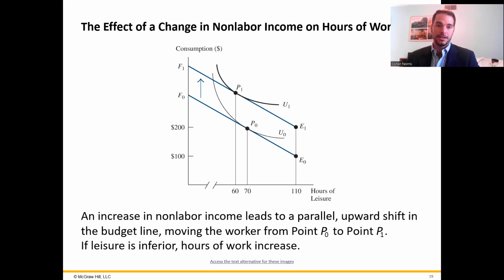I will either explicitly give you all the curves and have you work it out, or if for some reason I don't mention it, I will put in the instructions for the question to tell me if you were going to assume that leisure is a normal good or an inferior good. Not utility, I'm sorry, leisure.